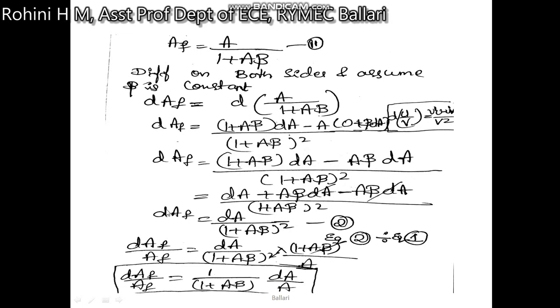The A beta dA terms cancel, so we remain with dAF equal to dA divided by (1 plus A beta) squared.